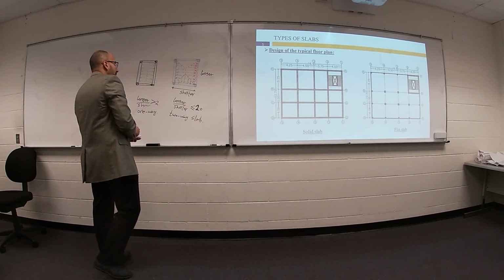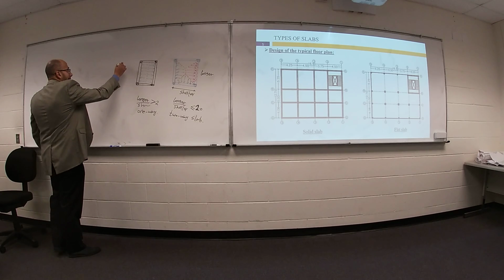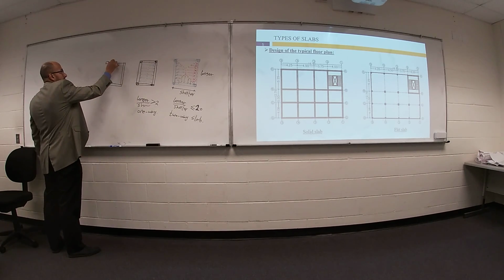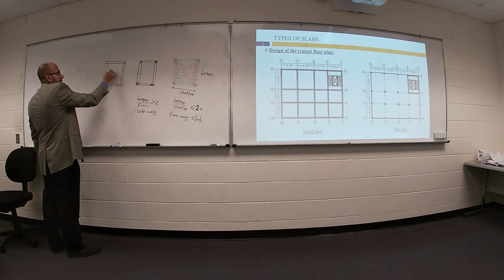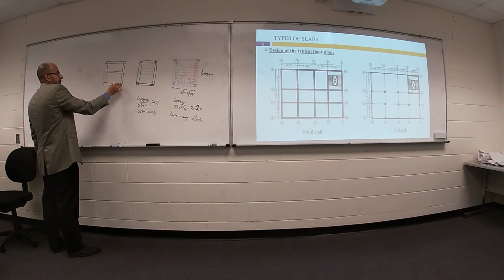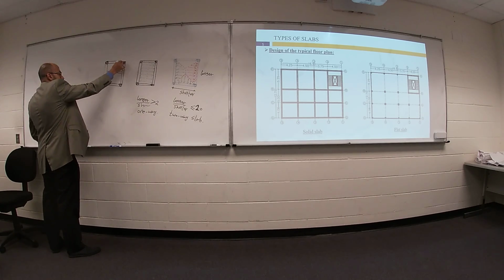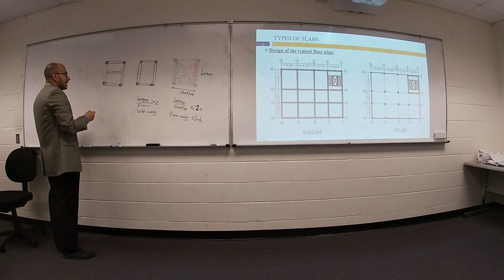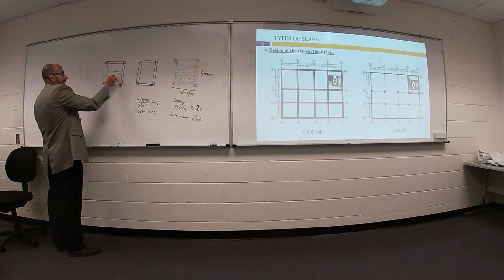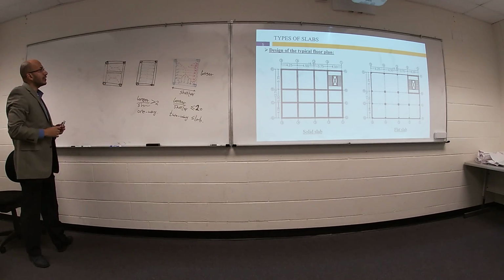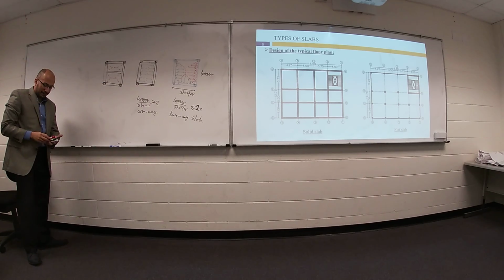And also, remember, if you have beams like this, and you decided each panel is a two-way slab, like this, which beam do I have to start with?